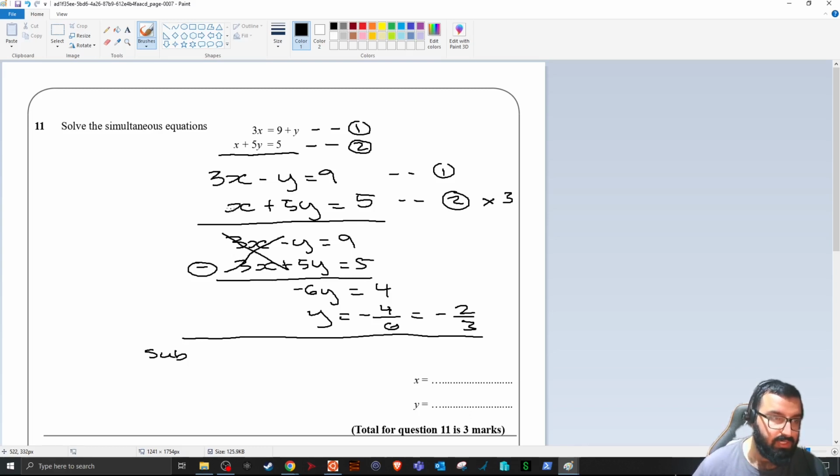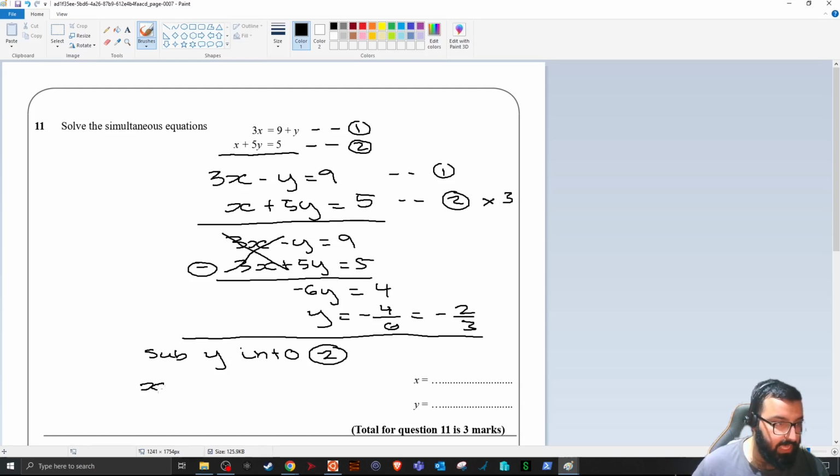I'm going to still stick with substituting y into equation 2, maybe because it just looks a little simpler to me. And again, by doing it to either equation, you're going to get the right answer anyway. So substitute y into equation 2.